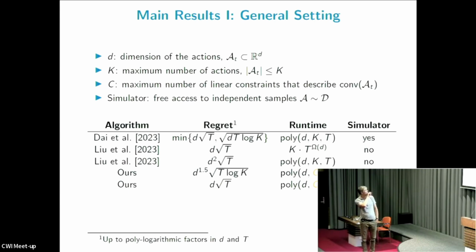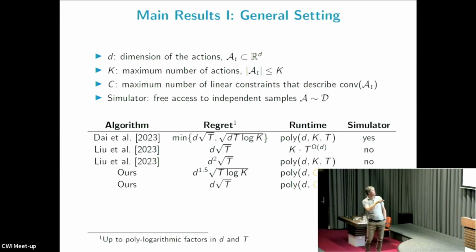So related works: the regret in general should grow like the square root of t, the square root of the number of rounds. The differences are in how you depend on the other problem parameters. There are all kinds of trade-offs between dependence on D, the runtime that you get, and whether you have access to a simulator.